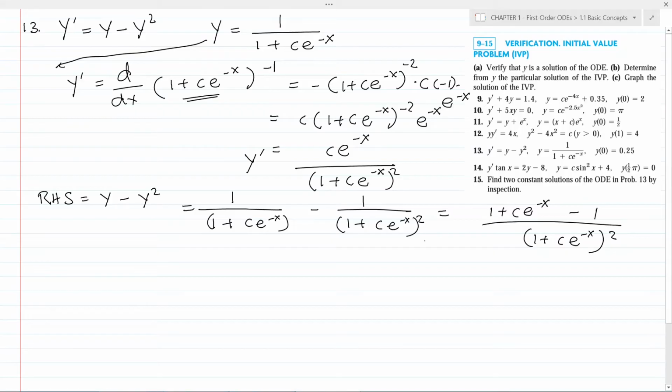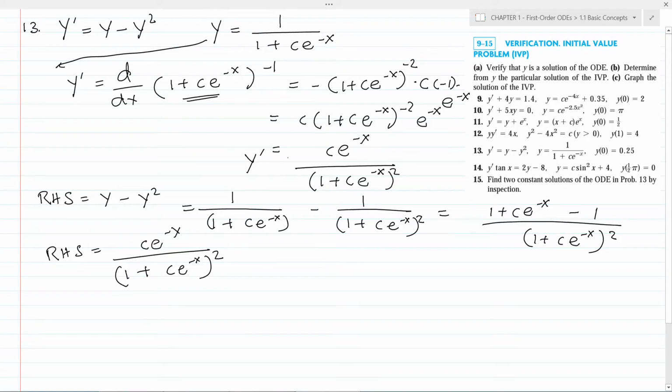These ones cancel out and this becomes RHS equal to c e to the power minus x divided by 1 plus c e to the power minus x raised to 2.